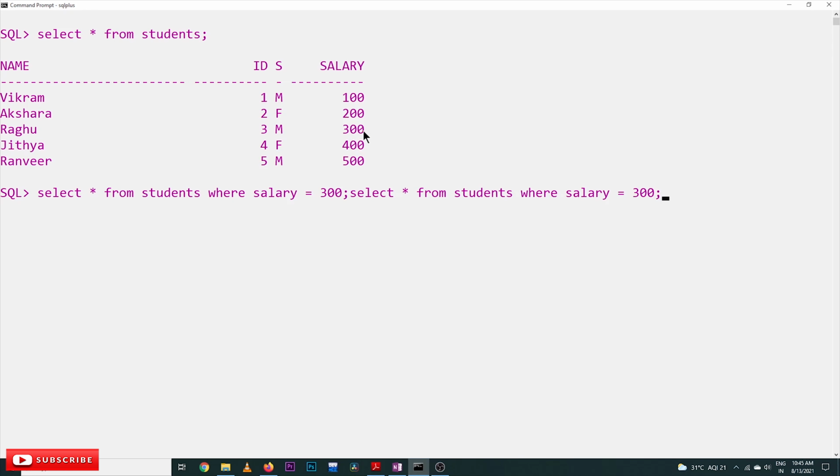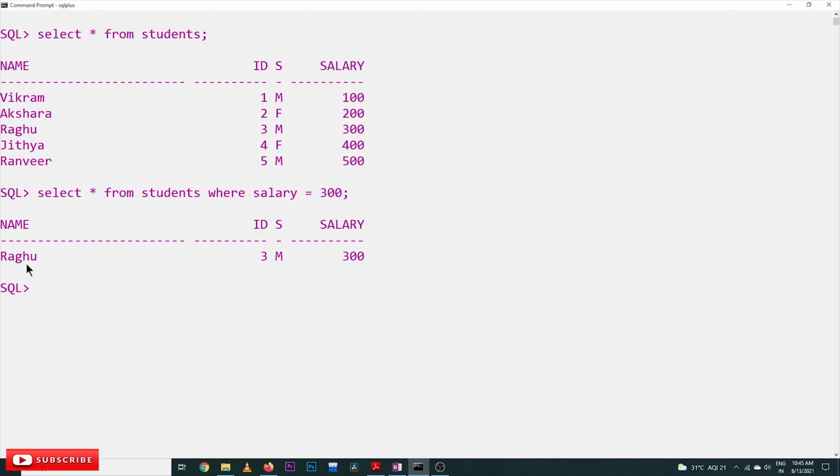See here it is 300, this is 300, here it is 300. So this row will get selected. Let's test the output. See here, Raghu, ID is equal to 3, sex is equal to male, and salary is equal to 300.